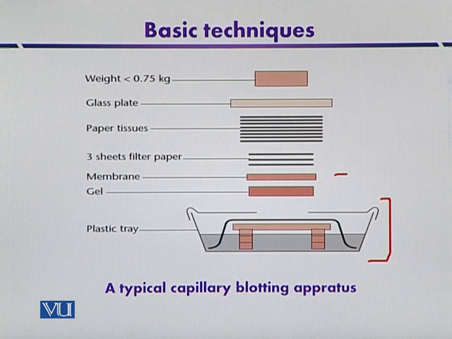When they absorb the buffer, the buffer will move upward through the gel, and with the flow of the buffer, the DNA molecules contained within this gel will move onto the membrane, and here they are immobilized. After immobilization, now this DNA is ready for hybridization experiment by using a radiolabeled probe.